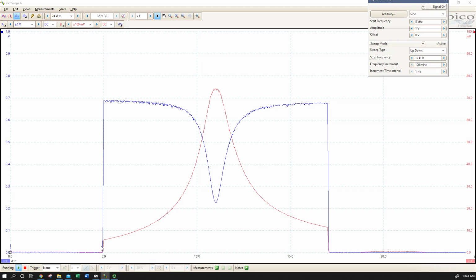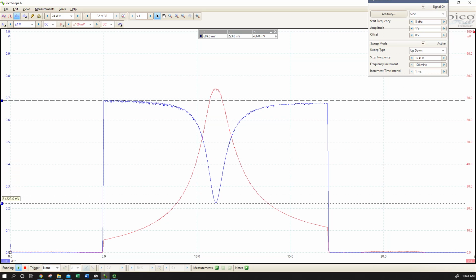So you can see we've swept up and now we're sweeping back down, and you can see the blue curve here. We're smoothing it out as we're collecting just the high point. A lot of those little valleys are coming out. But we already have something that is good enough to make a measurement with. For instance, our total reduction in total circuit voltage is about 466 millivolts.